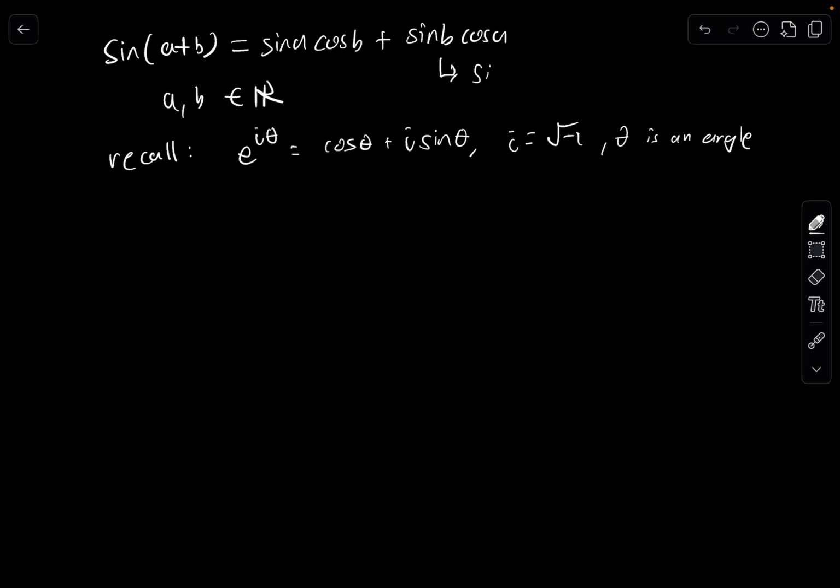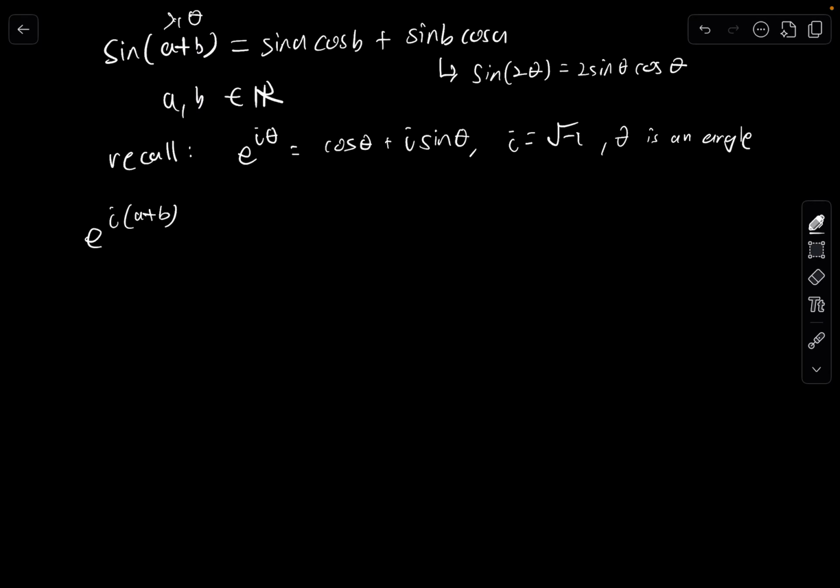And with this formula, we're also going to show that the sine of 2 theta is just 2 sine theta cosine theta. Okay? So, we're going to start with plugging in theta as A plus B. e to the i(A plus B), because in this case, this is really theta, the angle.